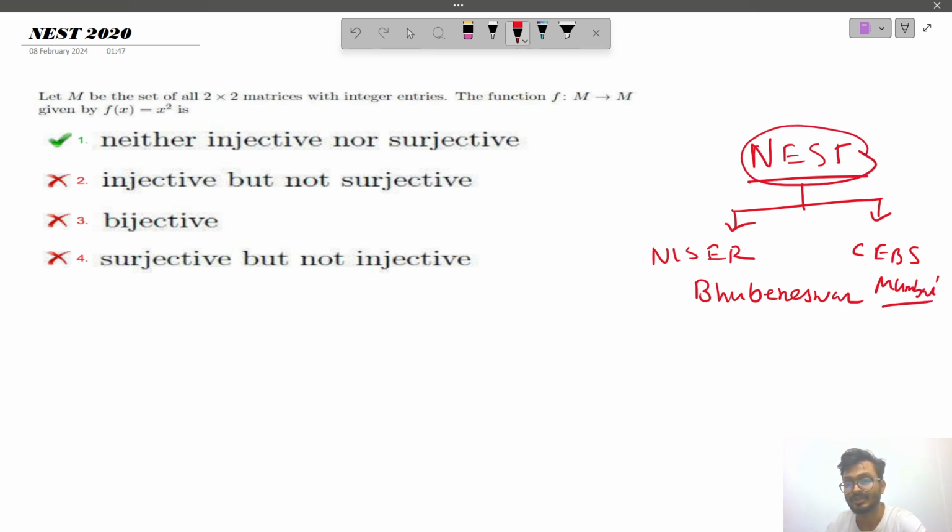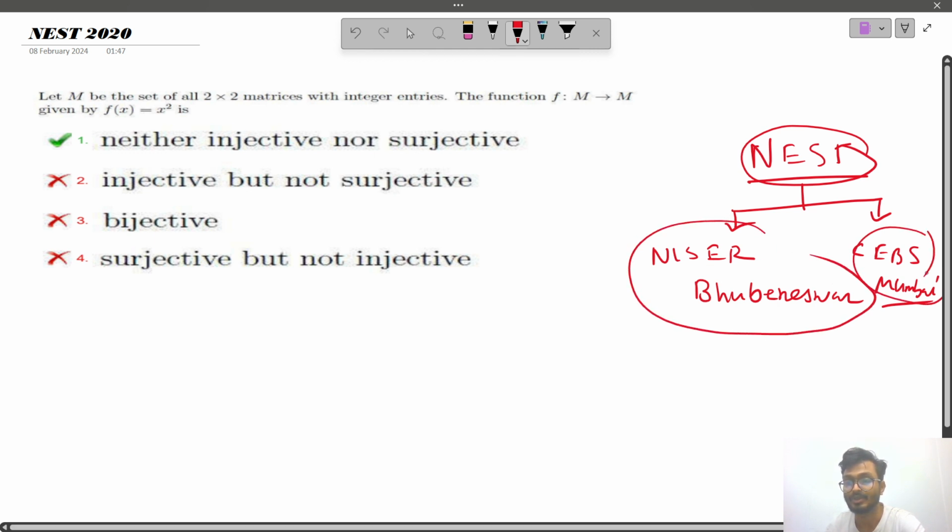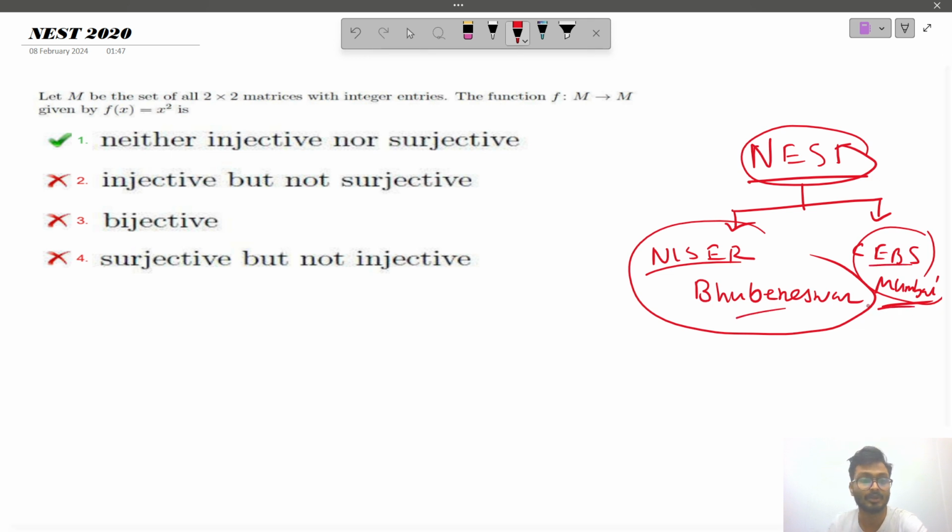By this exam you can take admission to these two premier institutes. You can check these institutes on Google. Today I will explain a question from this NEST 2020 exam.